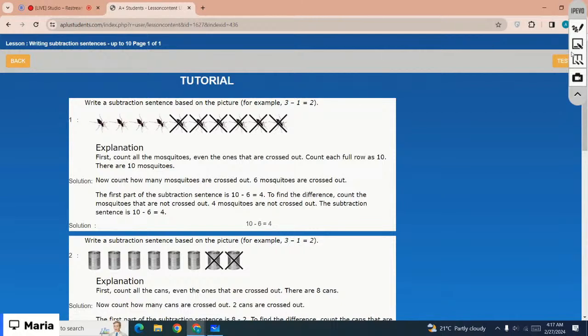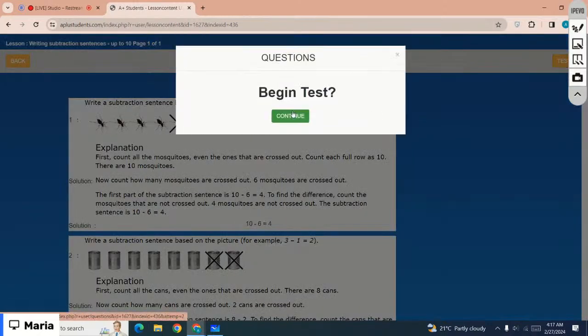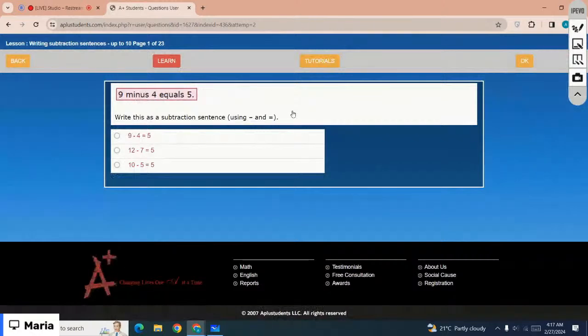You are given the picture, you have to count and write the sentence. The next one is 9 minus 4 equals 5. How do you write that sentence in the mathematical form?